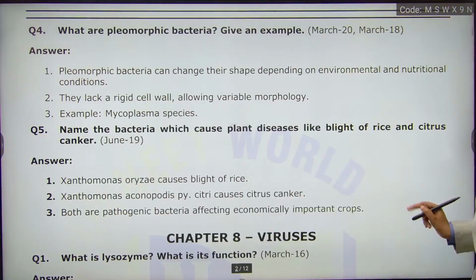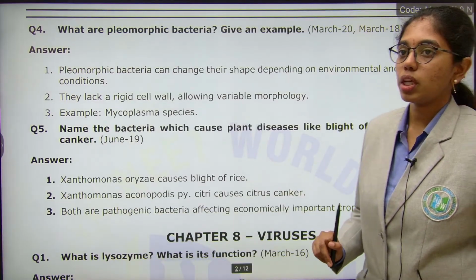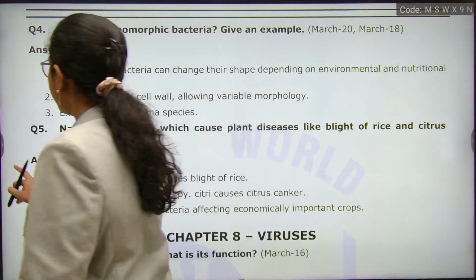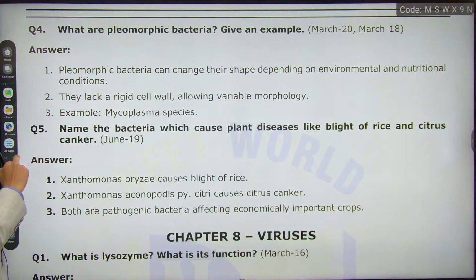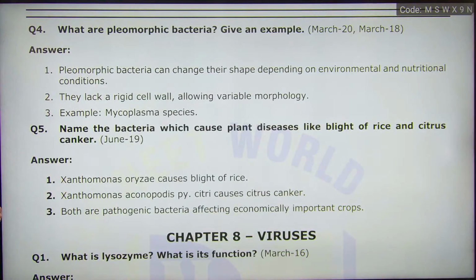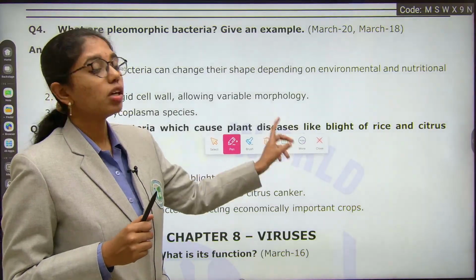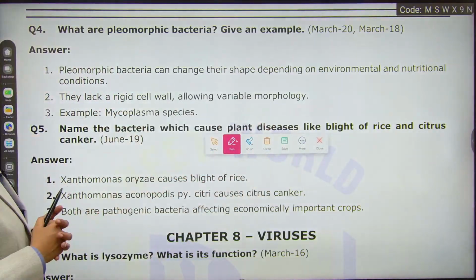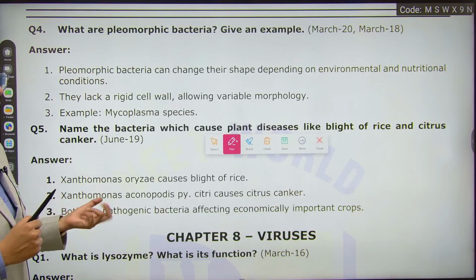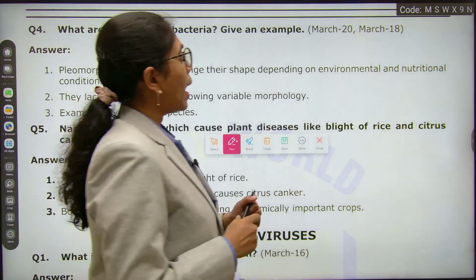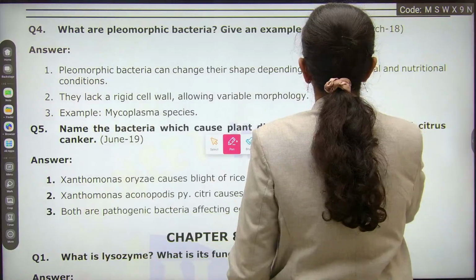Now the last two questions of this chapter. What are pleomorphic bacteria? Give an example. The name itself says they exhibit multiple structural features. Pleomorphic bacteria can change their shape depending on environmental and nutritional conditions.